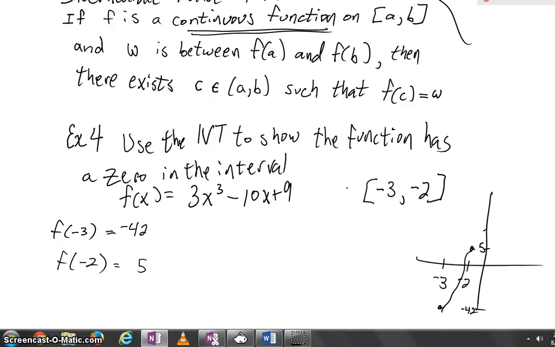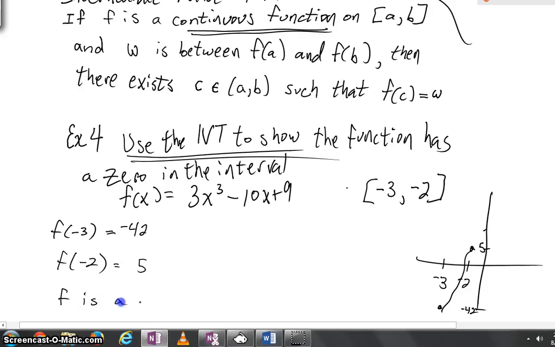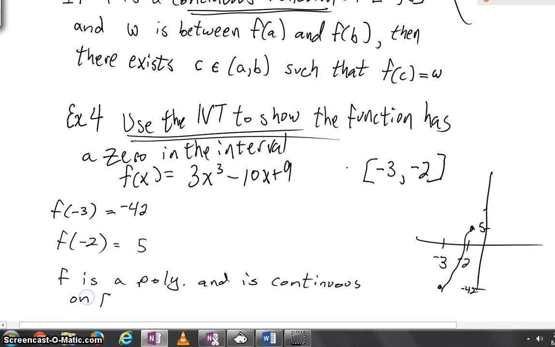So look, this is what we're going to do. It's almost like a little proof, not like the proof that you wrote last year in geometry with two columns and so forth. But this is what you're going to do. You're going to say f is a polynomial and is continuous everywhere. Or you could say continuous on the closed interval from -3 to -2. Say one of those two things.